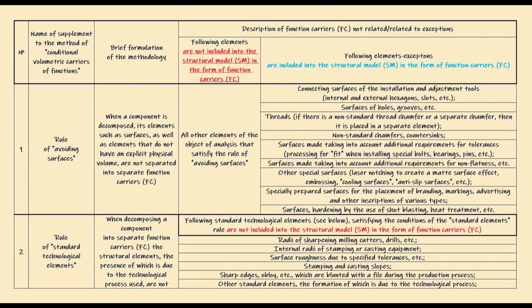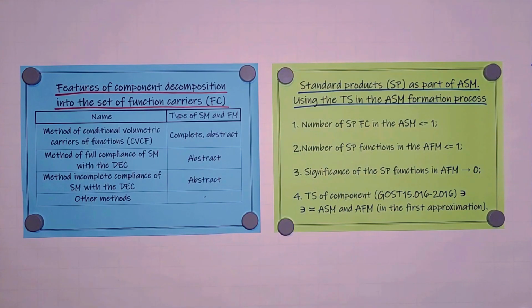and as in abstract models, it's necessary to make a separate reservation about the place of standard products in the structural model of an average degree of abstraction, i.e., a model in which fasteners are taken into account but not in detail. For example, it's presented as a single function carrier called fasteners or other.